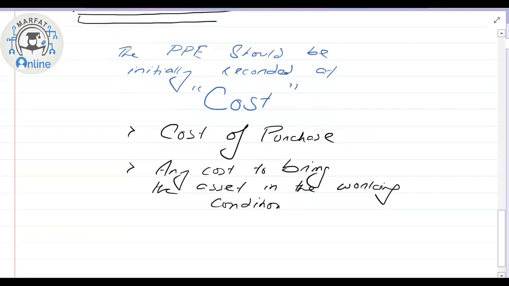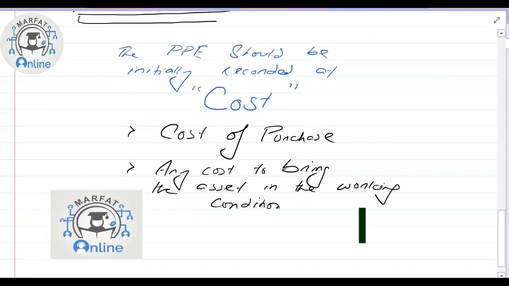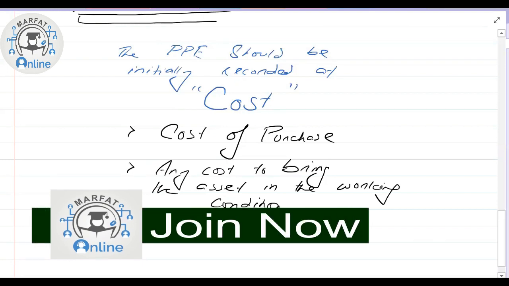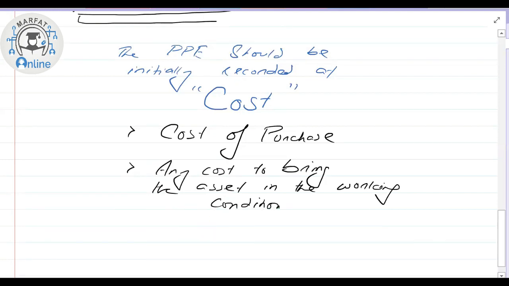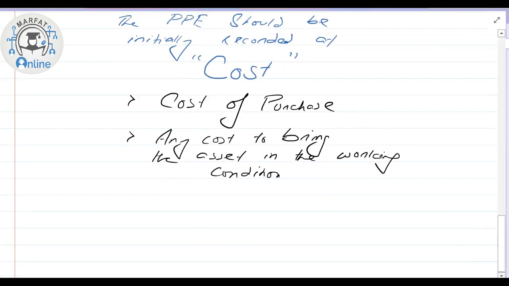Cost of purchase means, for example, we bought a machinery for the production, so the amount we have paid to the supplier is the cost of purchase, plus any cost to bring the asset in the working condition. Now we have bought the machinery, any cost to bring the machinery in the working condition.